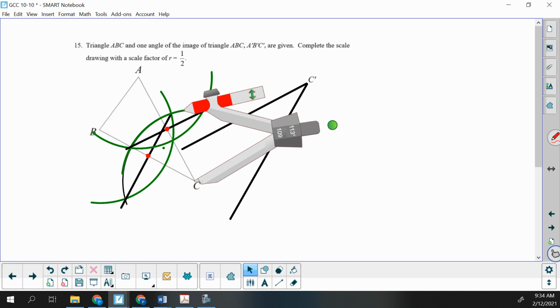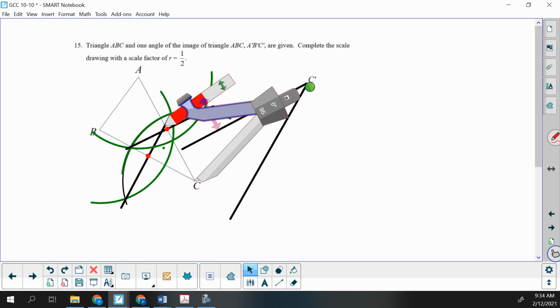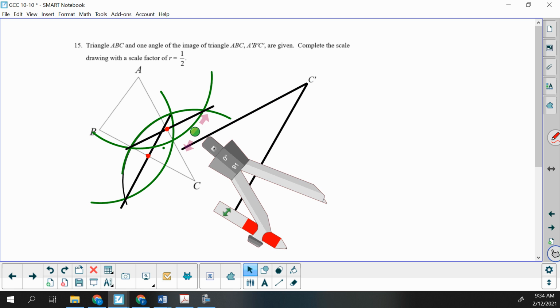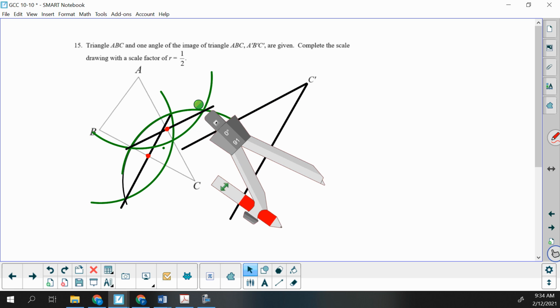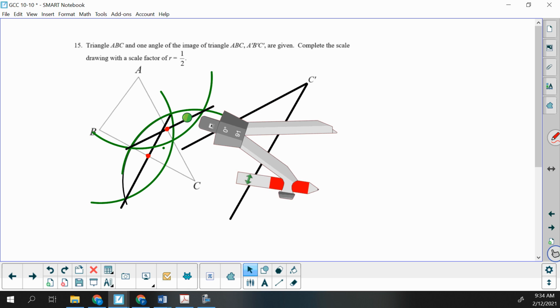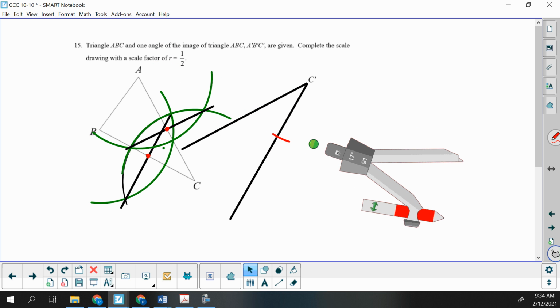So I'm going to put my point on C, and I'll move my pencil to the midpoint. And then over here, I'll pick one of the lines to mark that off on. So that point that I just marked, I got it from the CA, so that's going to be A prime.